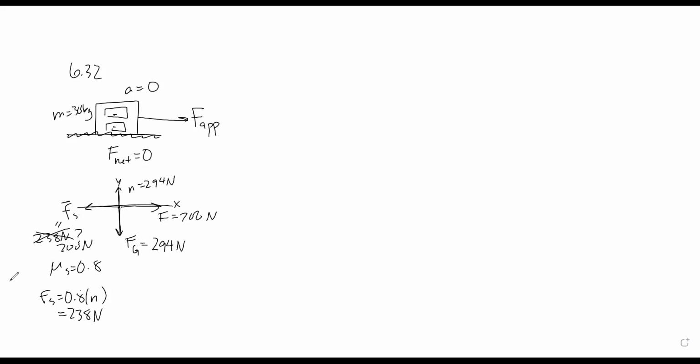Only when the magnitude of the applied force is 238 newtons will the static friction force be mu times n. And any more than 238 newtons, the friction changes to kinetic. So it's not static friction anymore after that maximum value. So this mu sub s n is F sub s max. It's a max.